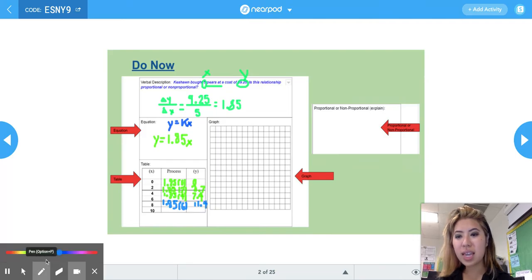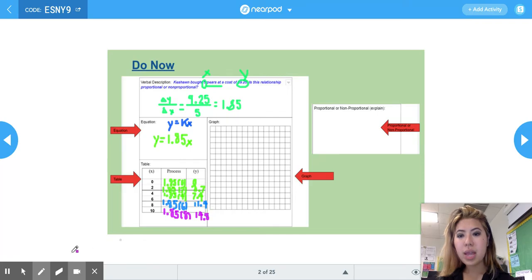And then when x is 8, I'm multiplying 1.85 times 8, and that is 14.8. And lastly, when x is 10, I'm multiplying 1.85 times 10, and that is 18.5.